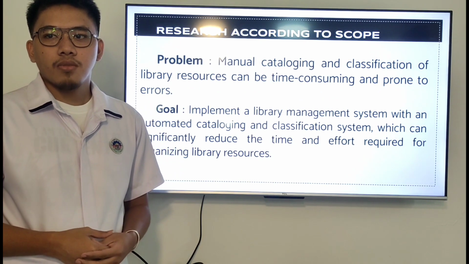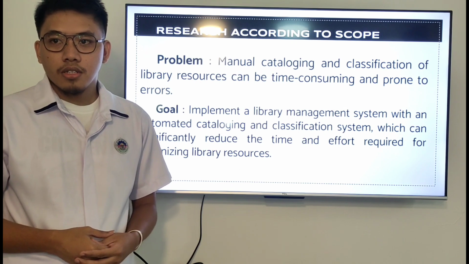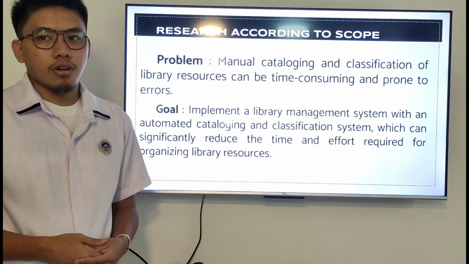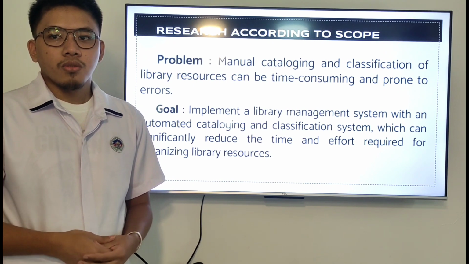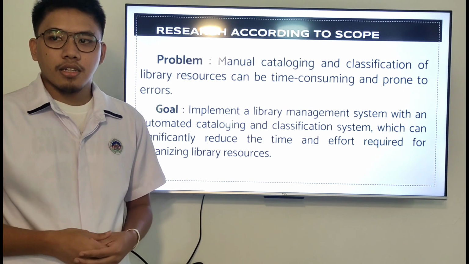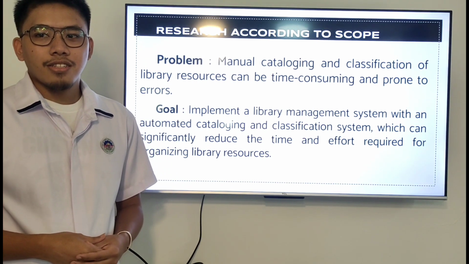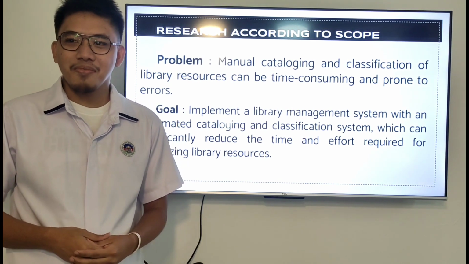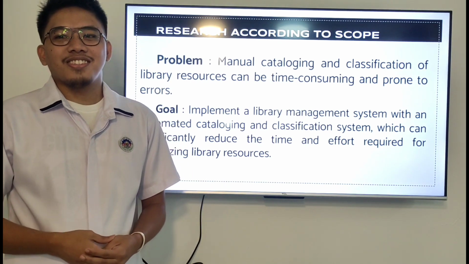Problem: manual cataloging and classification of library resources can be time-consuming and prone to errors. Goal: implement a library management system with an automated cataloging and classification system, which can significantly reduce the time and effort required for organizing library resources.